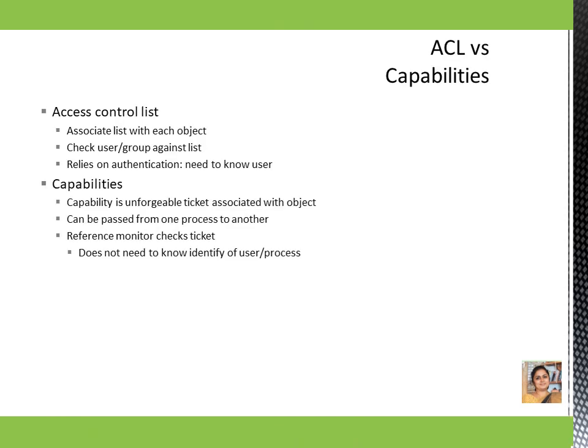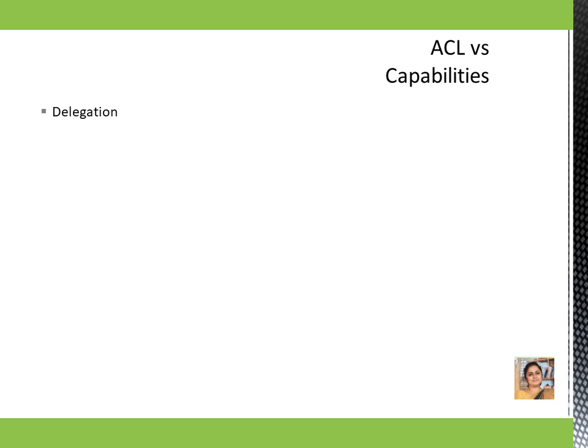Access control list: associate a list with each object. Check the user or group against the list; this relies on authentication, which needs to know the user. Capabilities: a capability is an unforgeable ticket associated with an object. It can be passed from one process to another. The reference monitor checks the ticket and does not need to know the identity of the user or process.